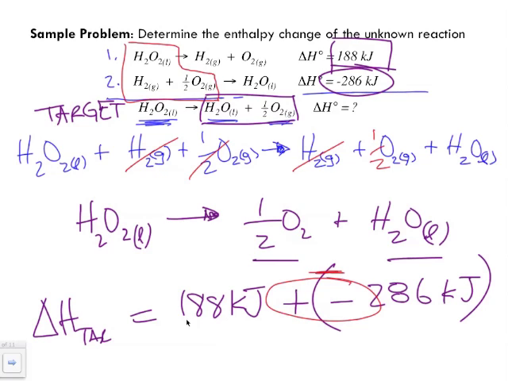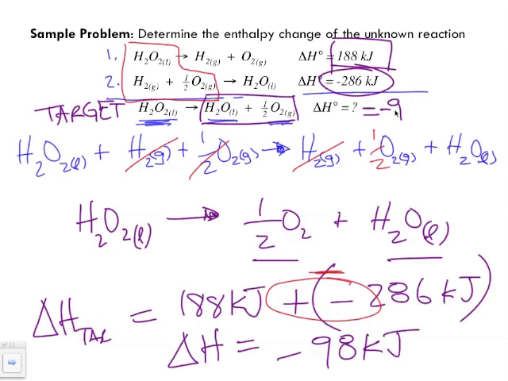So we're going to subtract 188 kilojoules from 286 kilojoules, and we will end up with a change in enthalpy for this that is equal to minus 98 kilojoules.